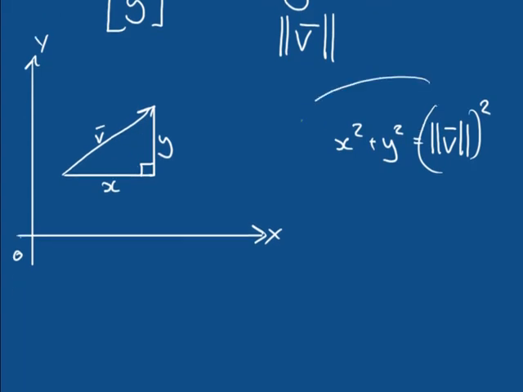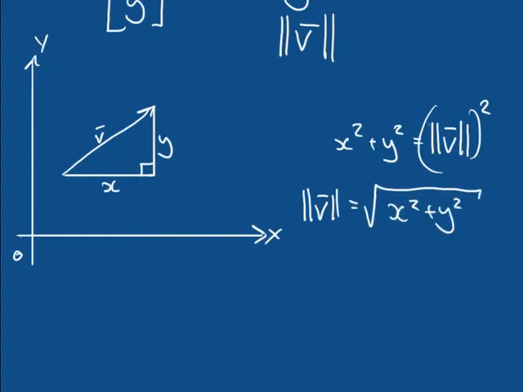So if x squared plus y squared is equal to the length of our vector squared, the magnitude of our vector squared, then we can clearly see that the magnitude of our vector is equal to the square root of x squared plus y squared. We take the square root of both sides, and it's going to give us the magnitude of our vector equal to the square root of x squared plus y squared. And because we're finding the length of our vector, we're worrying only with the positive value that can be returned from our square root.